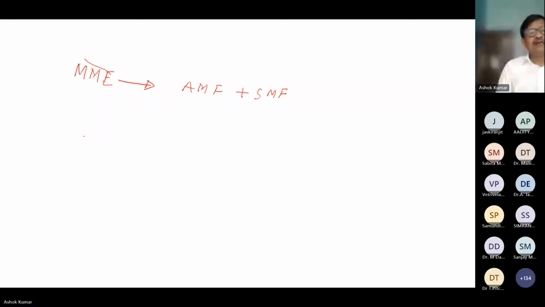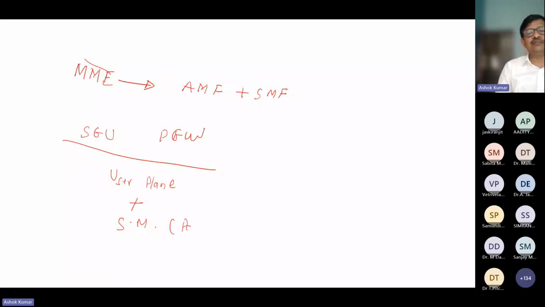And in 4G, you had the serving gateway, SGW, and PGW. These were handling the user plane data, plus they were also doing part of session management, not fully, because MME was also involved. So session management was done in 4G by MME, SGW, and PGW.